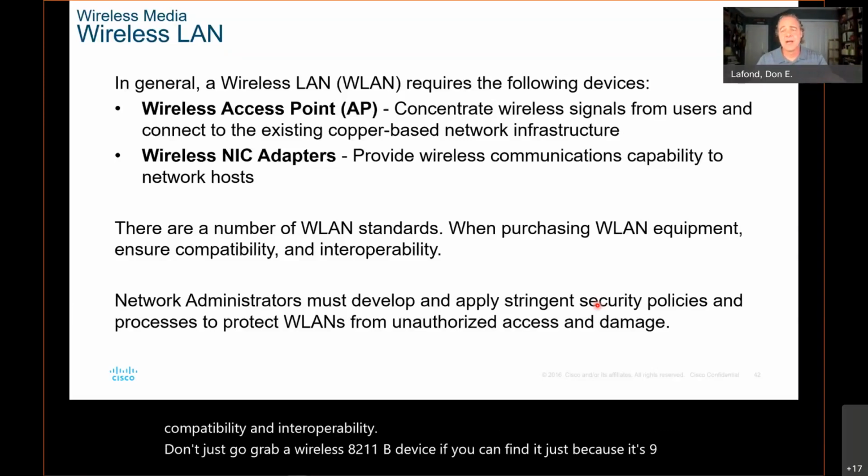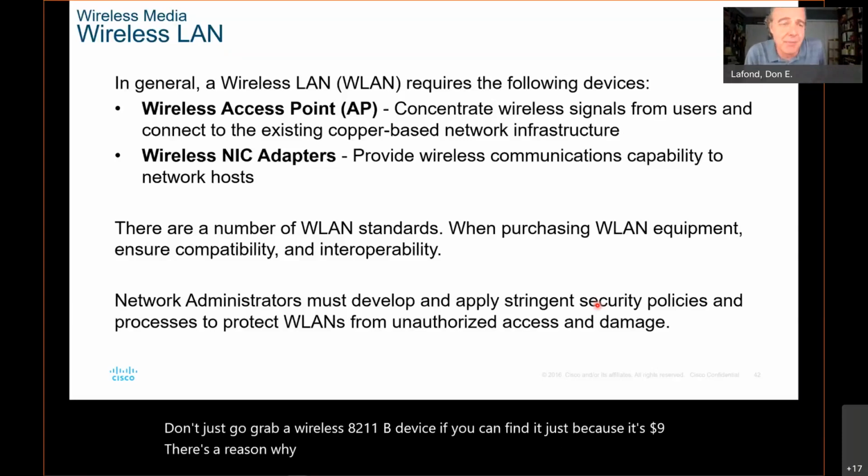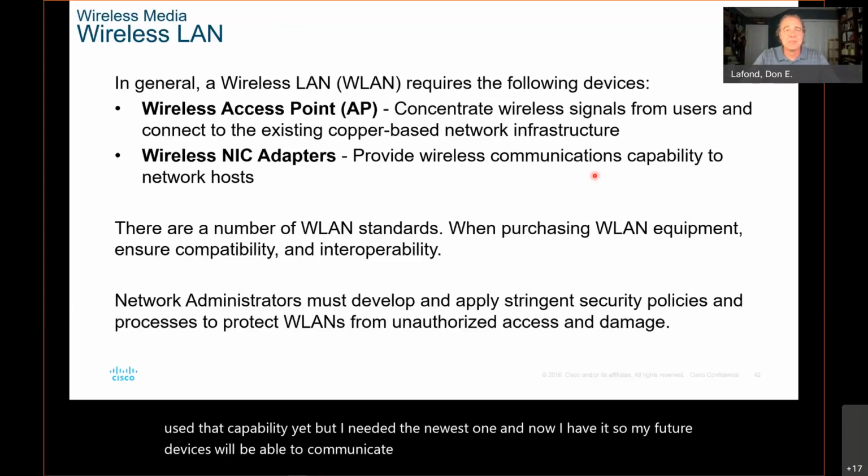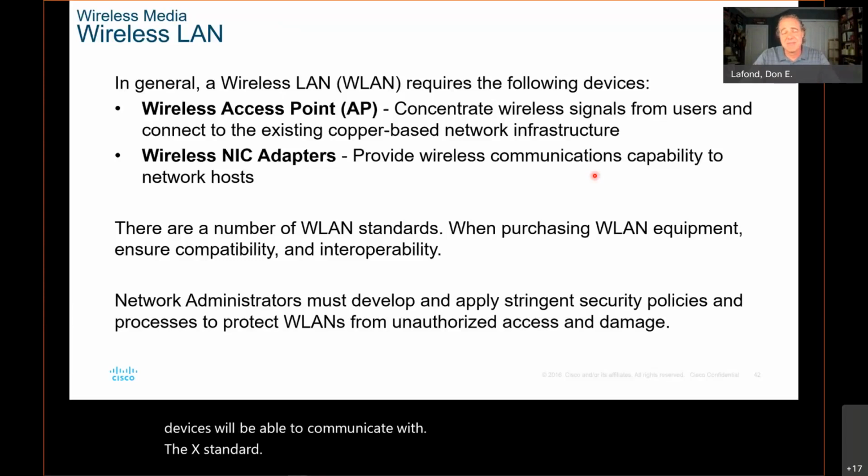There's a reason why I spent $400 when I bought my AX router. I don't know if I've used that capability yet, but I needed the newest one, and now I have it. So my future devices will be able to communicate with the AX standard. I don't have any yet, but someday I will, I think, hopefully.